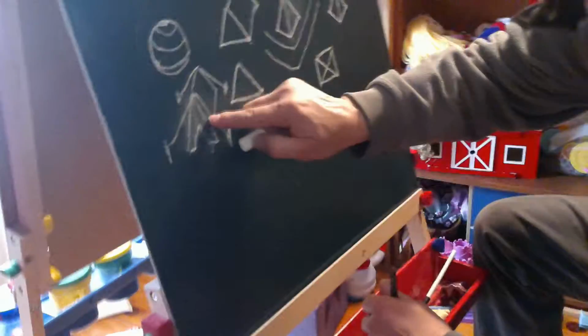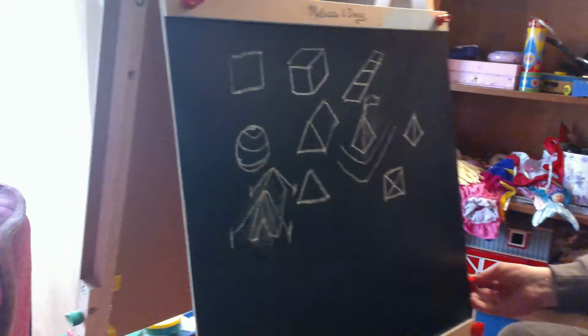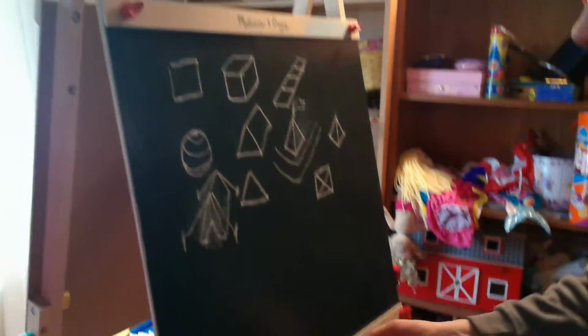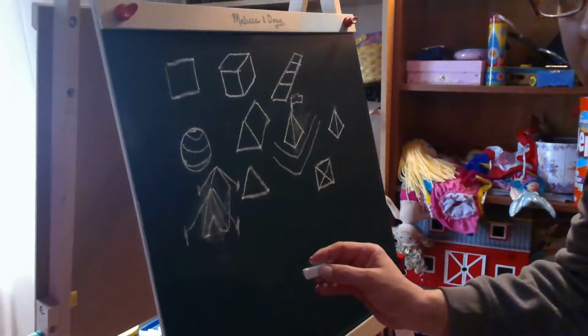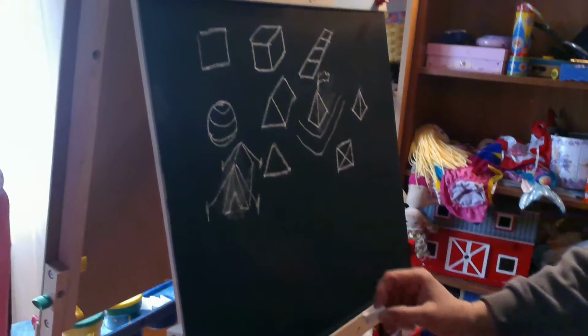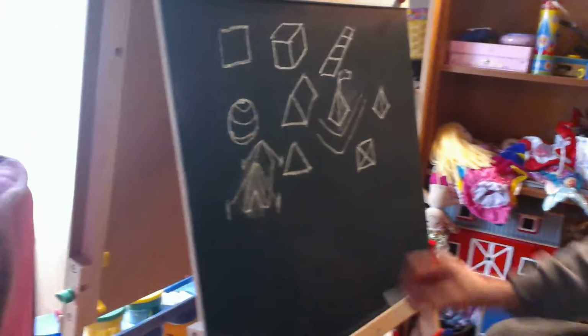See? Can you get a load of that? Yep. And this line maybe should drop down a little bit further here. Okay, now that looks more like a tent. So that's the idea. We take an object, imagine if we tilt it a little so we can see more angles, and remember to make smaller what is supposed to be further away, and have all the lines basically on the same angle.